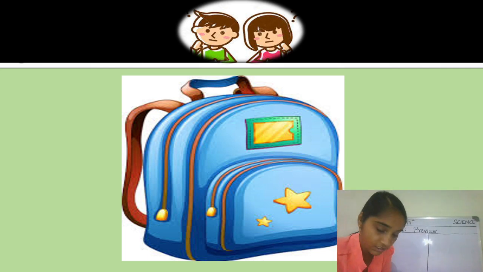So if I ask you, why do you think school bags are given broadened straps? Large broadened straps are there in the bag. Why not only very thin strips? Yes, students, what do you think the reason would be? You can relate it with the concept of pressure as we are discussing.